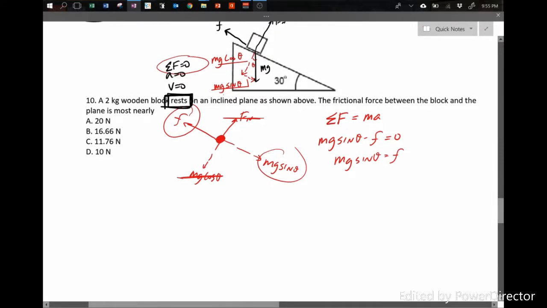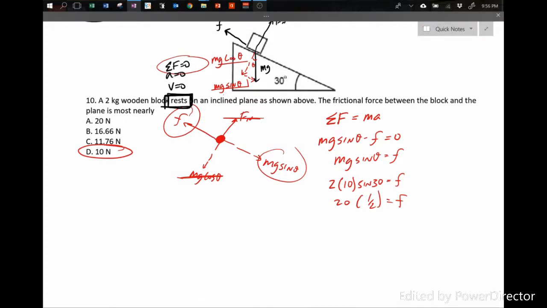Well, we know that theta is 30 degrees, and we know the mass and the weight, so 2 times 10 times the sine of 30 degrees is equal to the force. So 20 times 1/2 is equal to the force, and that makes the force 10 newtons. Again, what's really important about this is that we're talking about parts of the weight, not all of the weight.